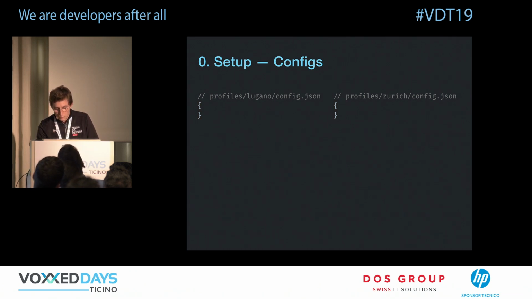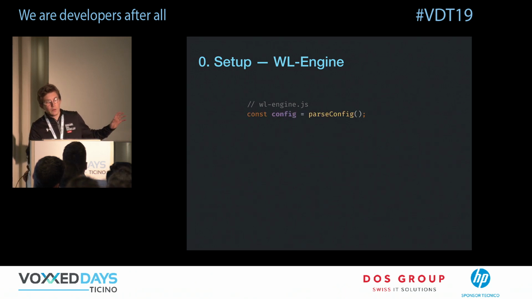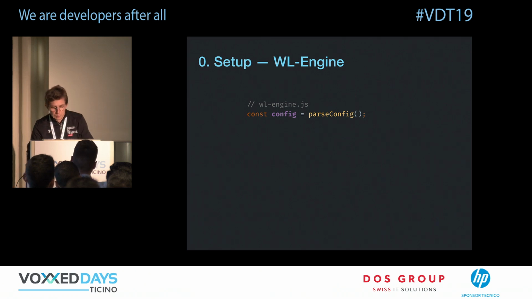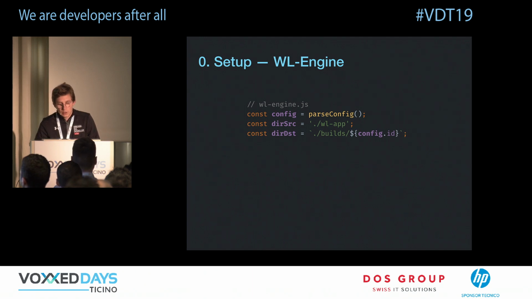The last of our points is the white label engine. I'm going to describe it at a high level, not going into the details. What it does is read a configuration file from the arguments we are giving it, so it can be the Lugano configuration or the Zurich configuration. Then we set a source directory, the base directory that will be used to create our white label project, and also a destination directory, which is read from the configuration, in this case the ID.